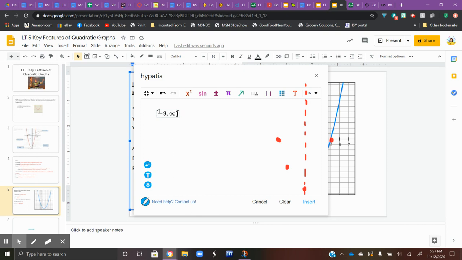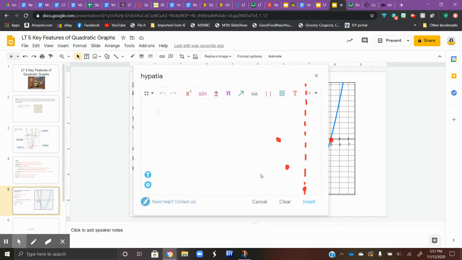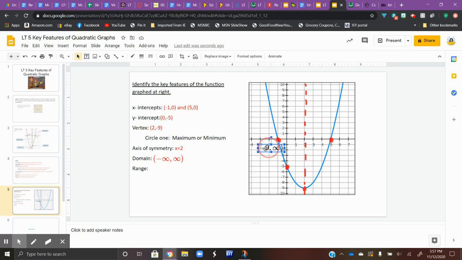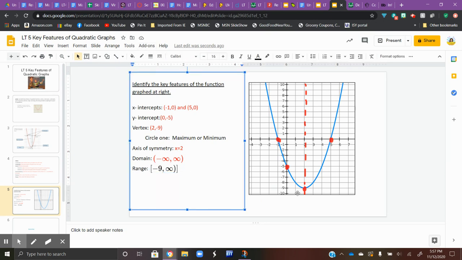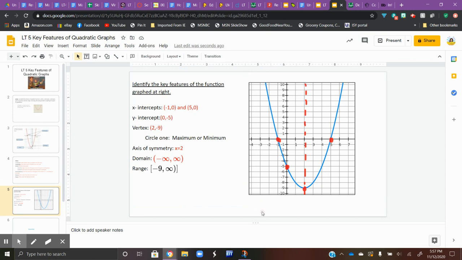But your graph does touch and go through -9. So again, -9 to infinity. That one might just have to stay black. So -9 is our lowest point here, all the way up to infinity. Okay, and that is the majority of key features.